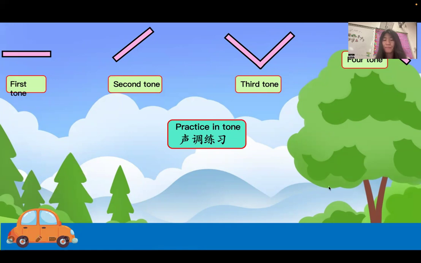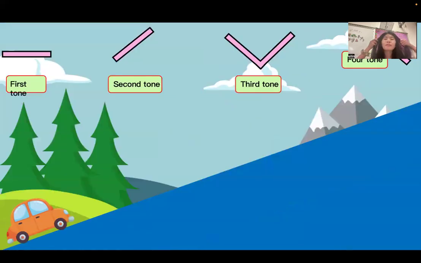Okay, let's do the practice. So imagine you are driving the car from here to there. So which one do you think? Which tone is this? Yes, that's the second tone. So let's use A as an example.